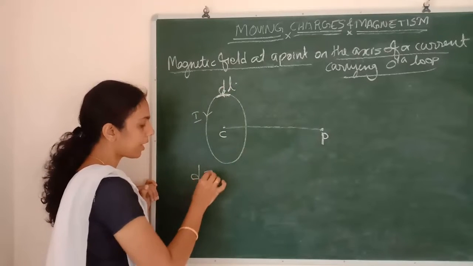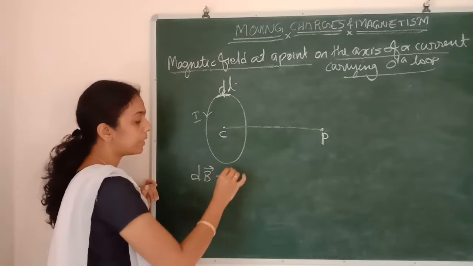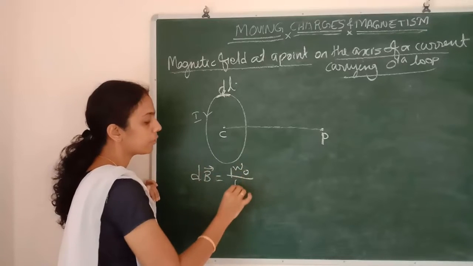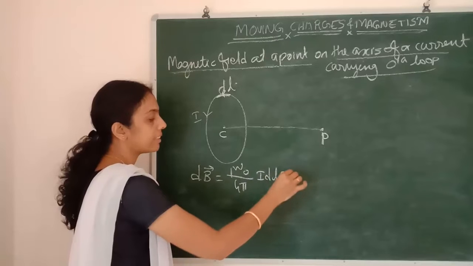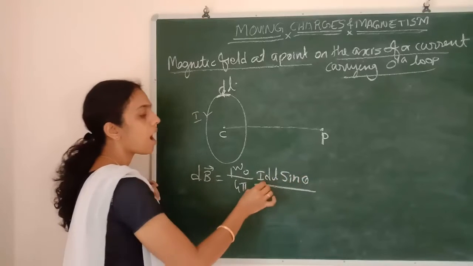Yes, as per the Biot-Savart law, dB equals mu 0 by 4 pi into I dl sin theta divided by r square.